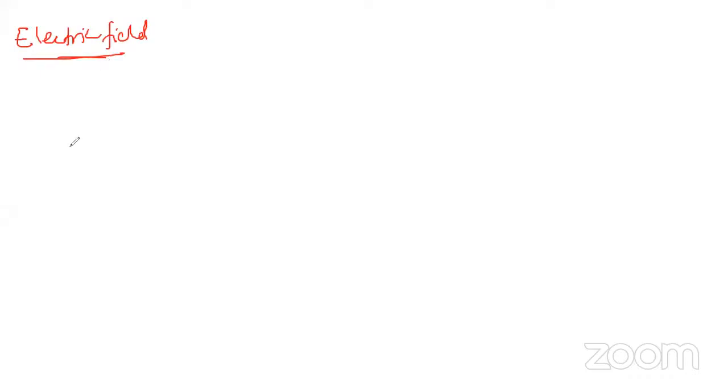Suppose you have an electric charge at this point, the region surrounding it is called an electric field. Instead of a single charge, if you have a group of charges, the region surrounded by them is also called an electric field.